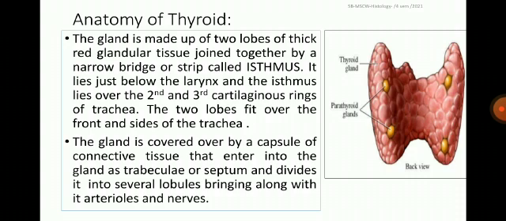So you can say internally the gland is composed of hollow spherical follicles. The walls of each follicle are formed largely by cuboidal or squamous epithelial cells called the follicle cells, which produce the glycoprotein called thyroglobulin. We'll learn about it much more in future slides.